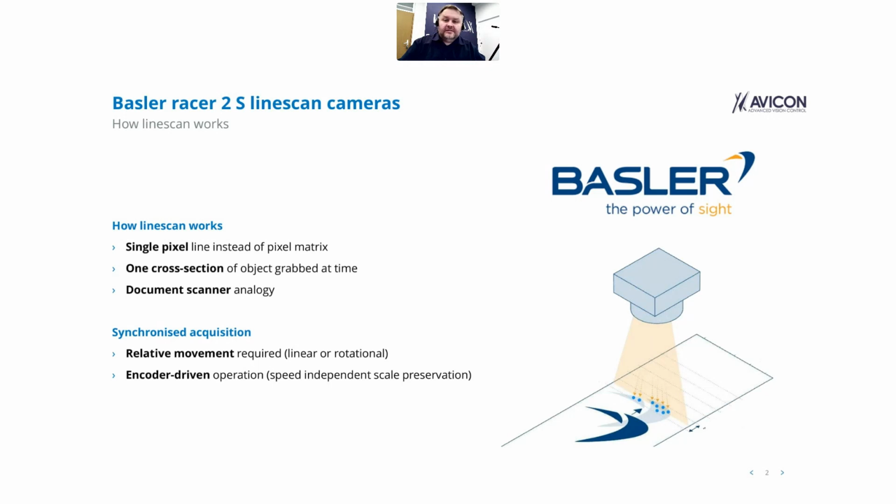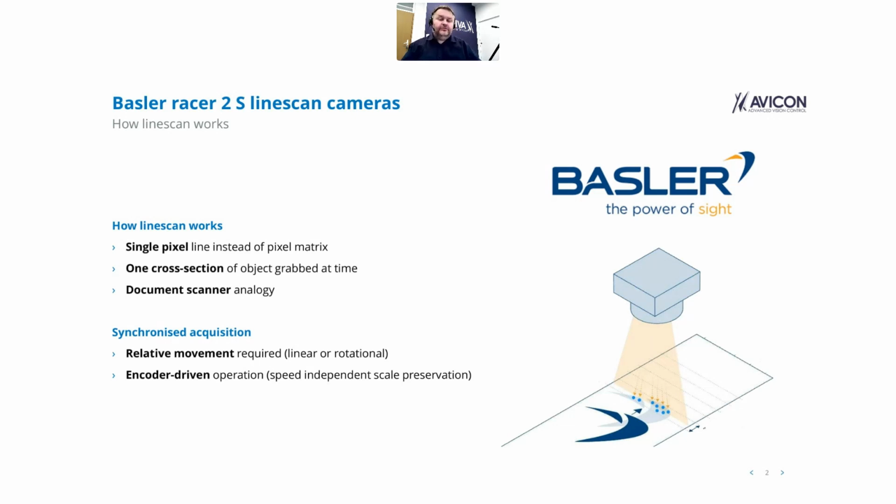However, we use specialized cameras. Of course, if we want to grab the full extent of the object and obtain the whole image of the object, then you can feel that we need some relative movement. We need to scan line by line, and this is exactly how line scan systems work.